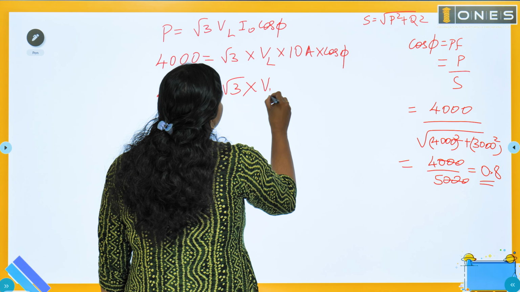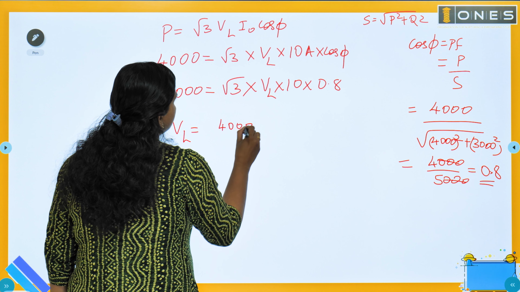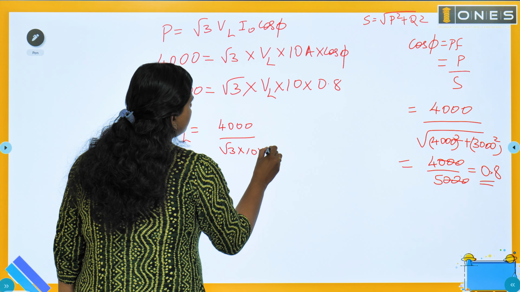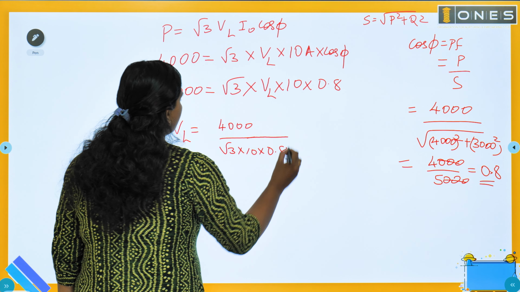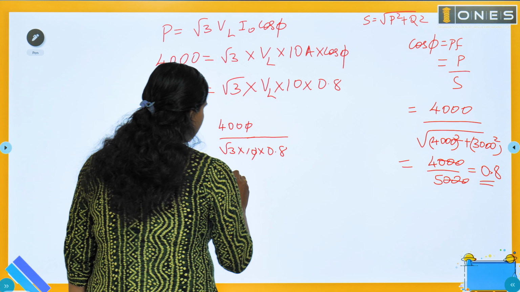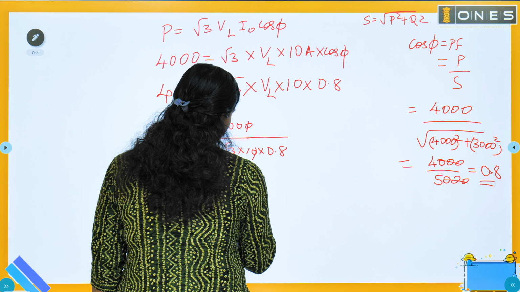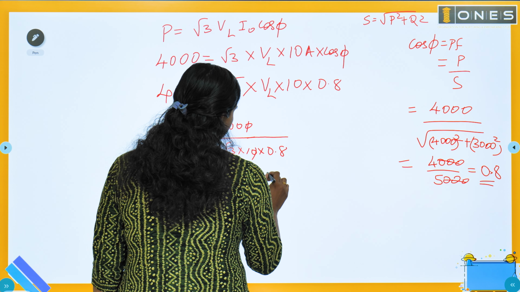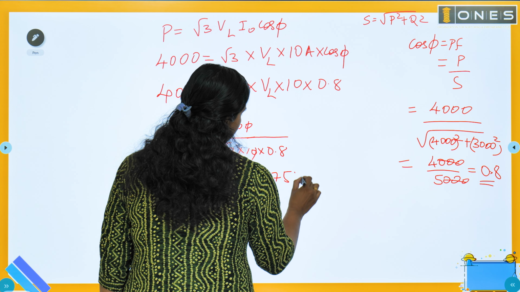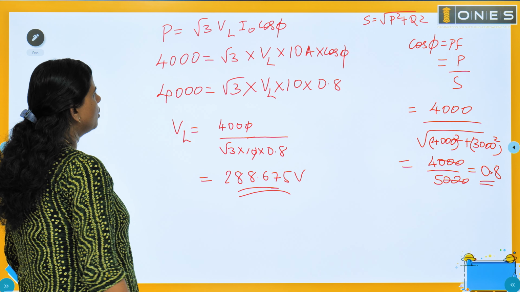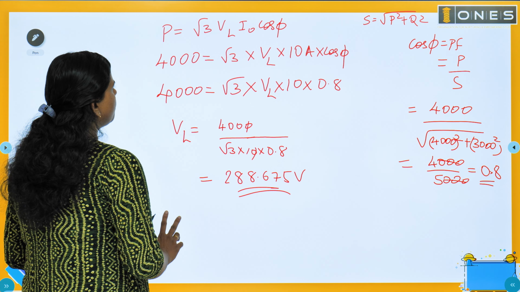From this, we can write VL is equal to 4000 by root 3 into 10 into 0.8. On calculating this, you will get the answer approximately 288.675 volt. So now we have got VL.